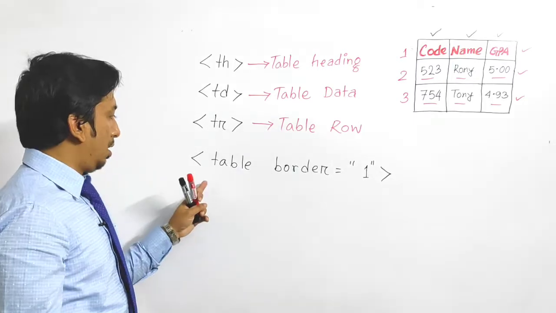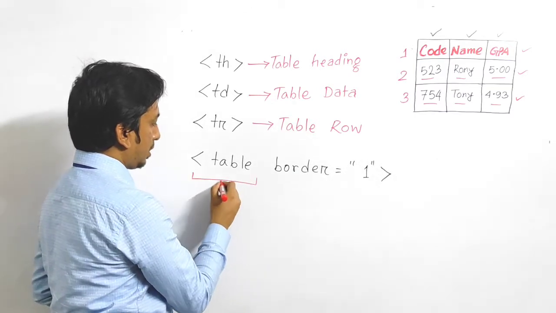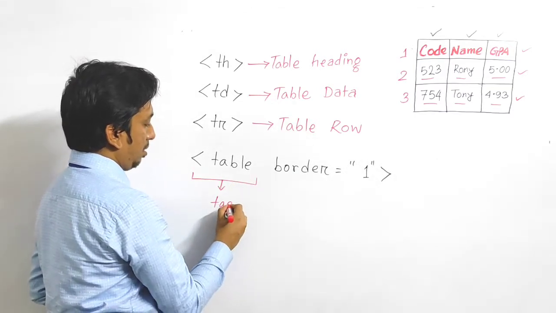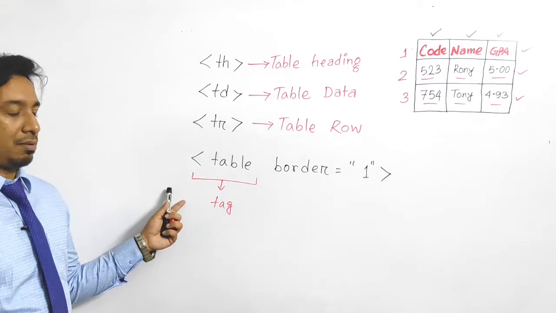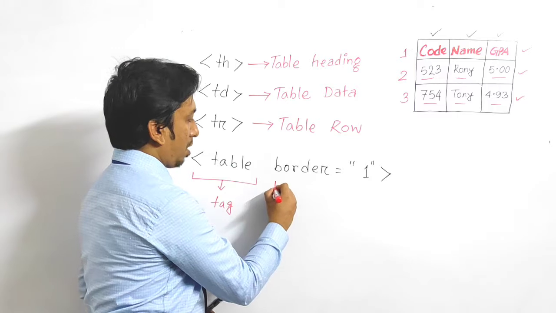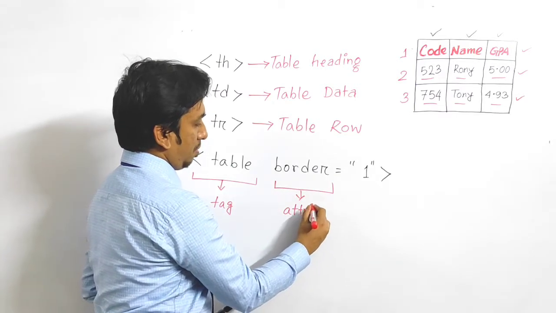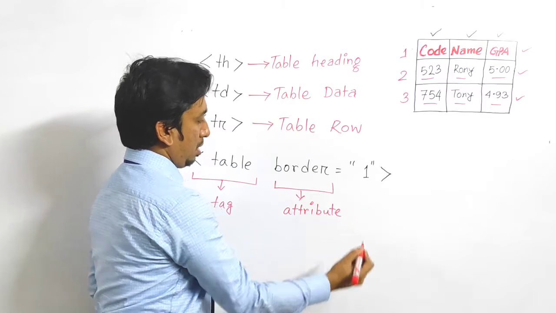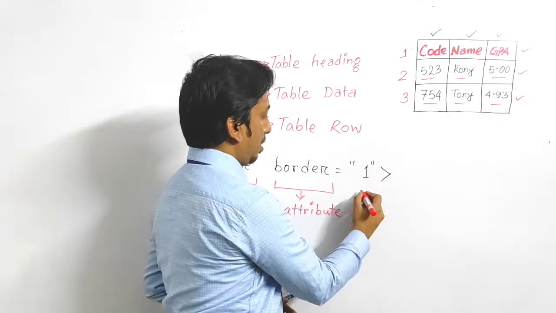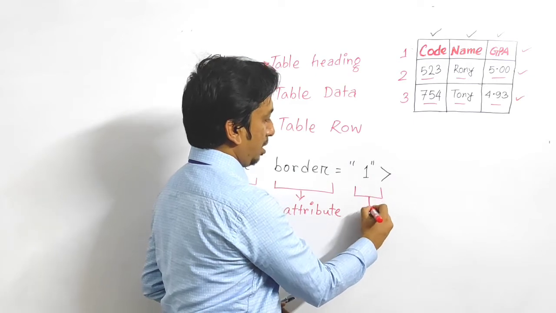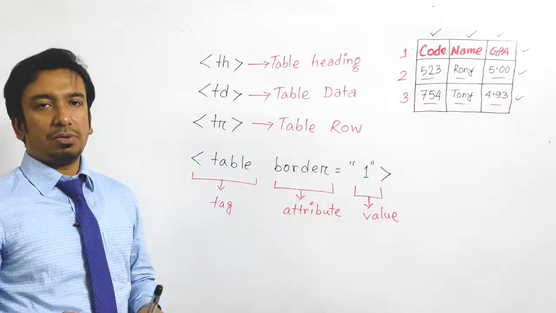So here, with angular brackets, this one is called a tag, this one is the table tag. When you use a table, you have to use the table tag. And here you can see border, this one is called an attribute, of the table tag. And after the equal sign, between double quotation marks, you can see 1, which we call the value.